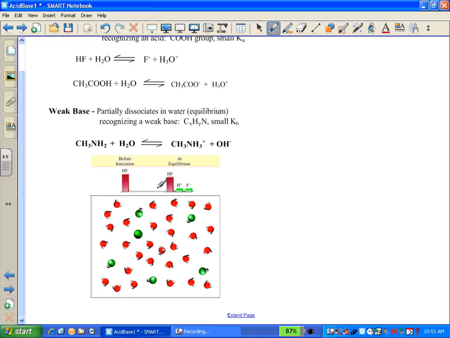So when you look at the before and after, say I had 100 molecules of hydrogen fluoride to begin with, I might only dissociate 5 of those. So if it was a 5% dissociation, I would only dissociate 5 of them. The other 95 molecules would stay intact. So when you look in the solution, there's fewer H3O plus ions in the solution, which is going to affect things like the pH.